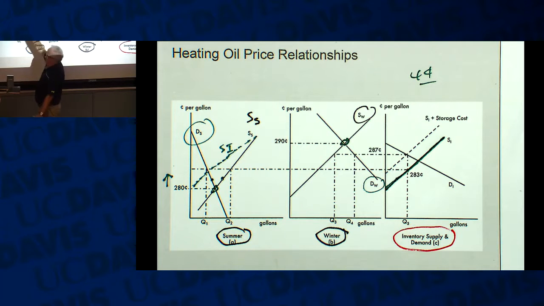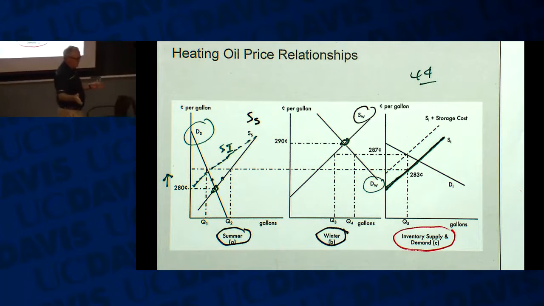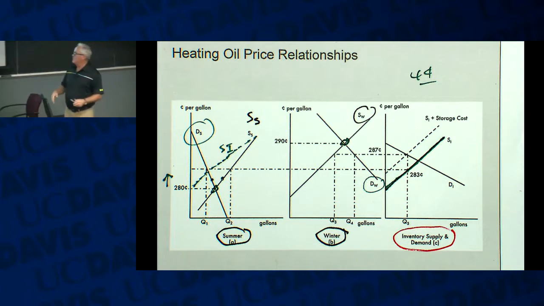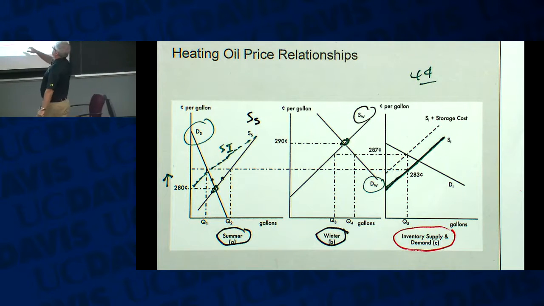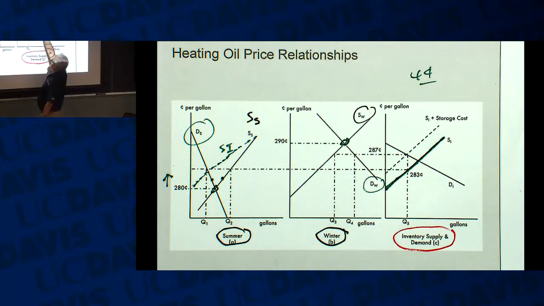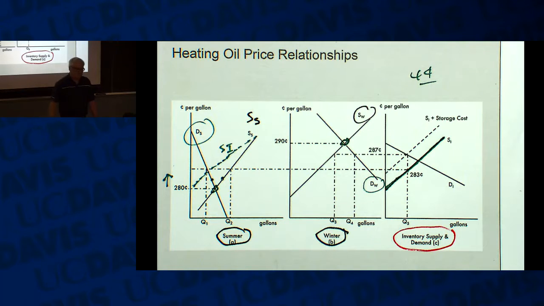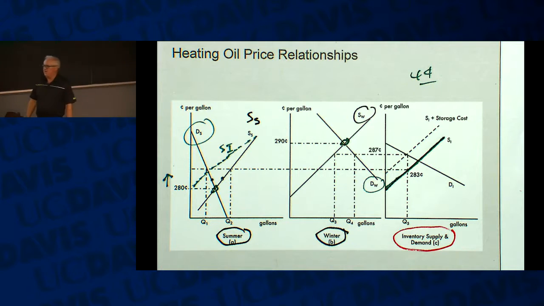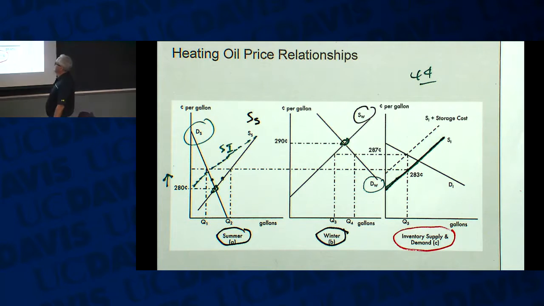And as the price increases, the difference between supply and demand gets larger, and so Paul's buying more and more heating oil. And that's what he offers then in the wintertime. That's his supply curve. So that's the volume that goes into storage.